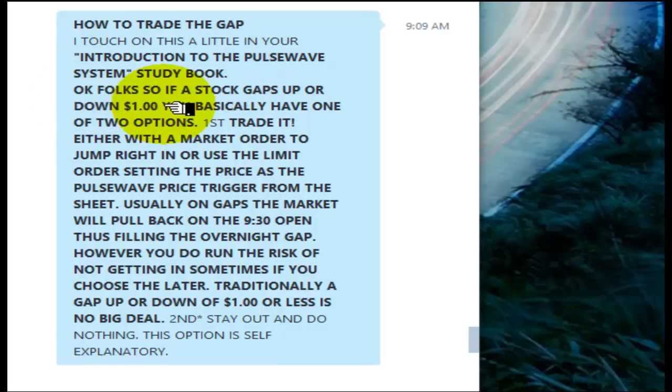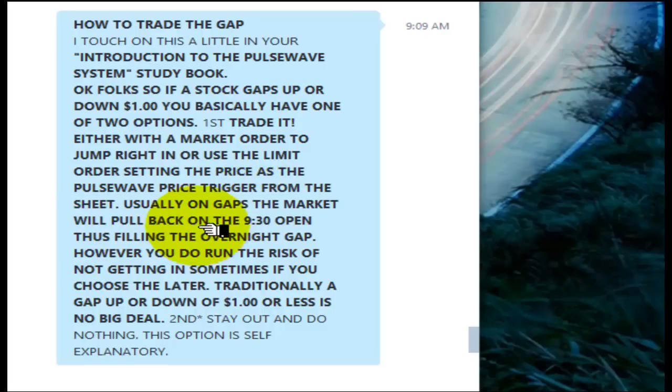And here we go. So if a stock gaps up or down $1 or less, you basically have one or two options. First option is to trade it, either with a market order to jump right in or use the limit order settings, setting the price as the pulse wave price trigger from the sheet. And in this example, that was $21.73.